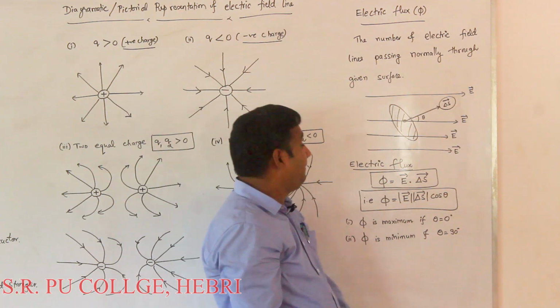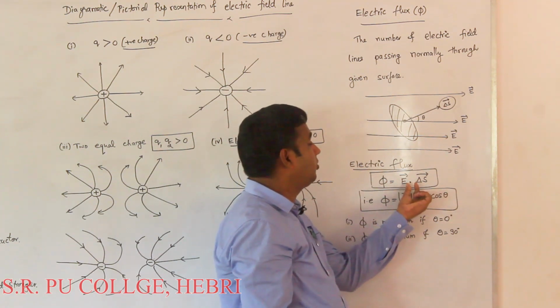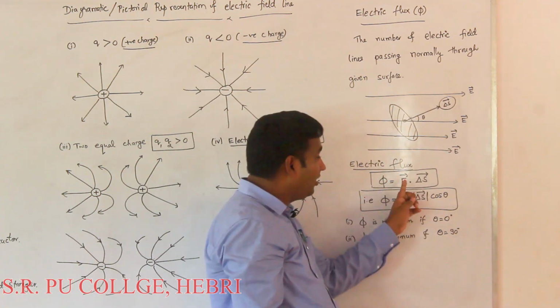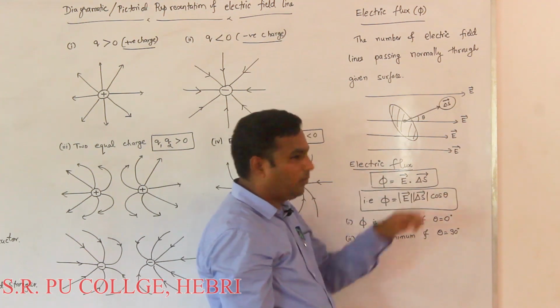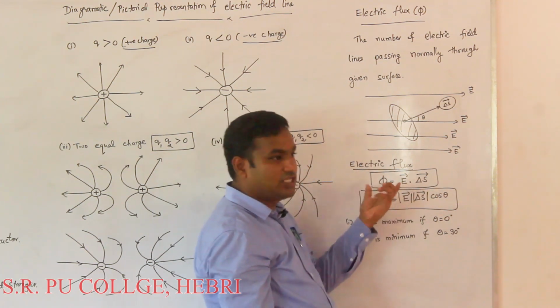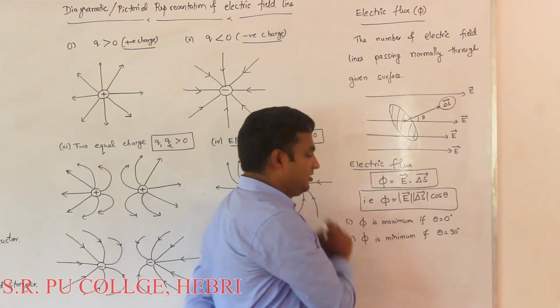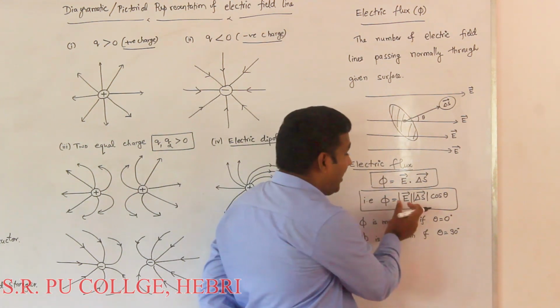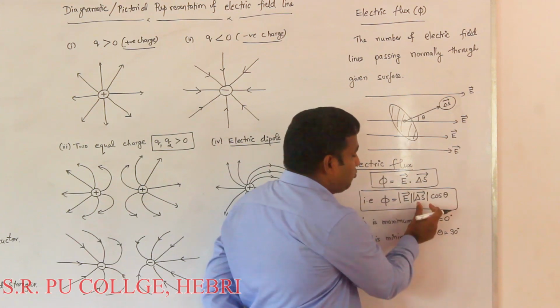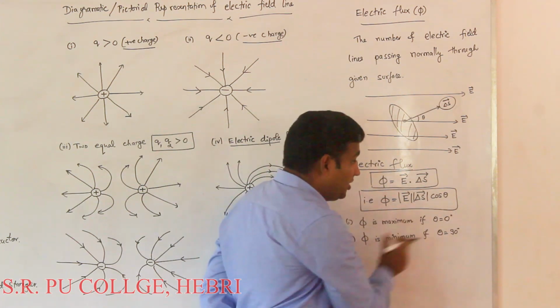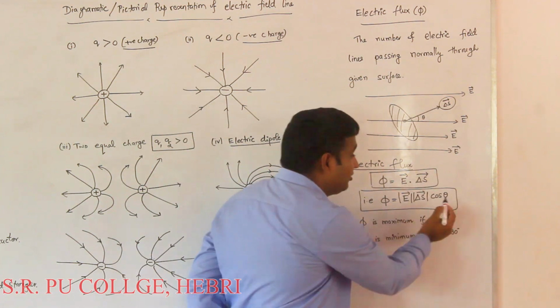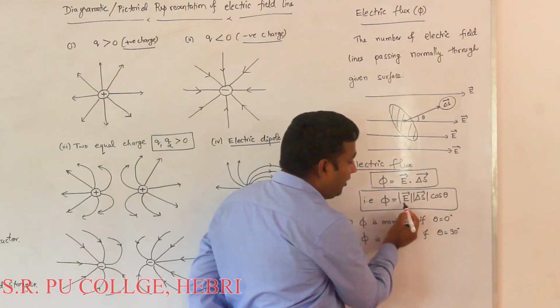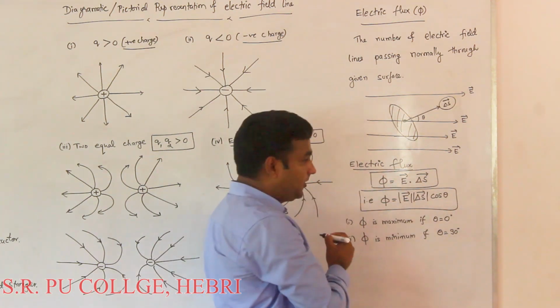That's why flux Pi is equal to E vector dot delta S vector, where E and delta S are both vectors multiplied by using the scalar product. And by using this, we get a general equation. Flux is equal to the magnitude of E vector into the magnitude of delta S vector into cos theta. Here theta is the angle between E vector and delta S vector.